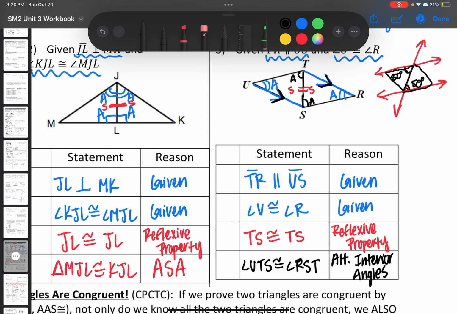So I'm going to create another box here because I ran out of room. So triangle UTS is congruent to triangle RTS. And the reason for that is because we showed it by angle, side, angle.